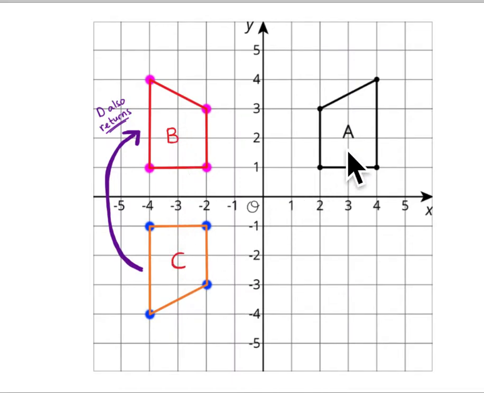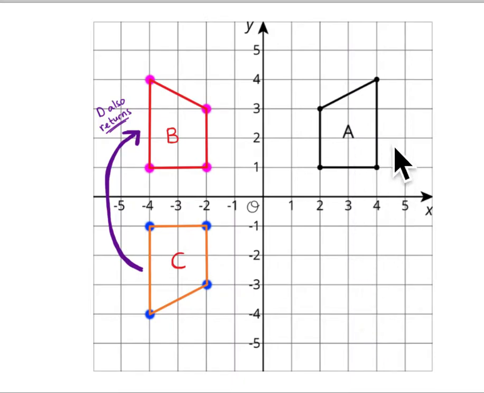Now I would have liked to have them ask you to reflect A over the y-axis into quadrant 2, then over the x-axis into quadrant 3, and then over the y-axis into quadrant 4, and then over the x-axis back into quadrant 1.